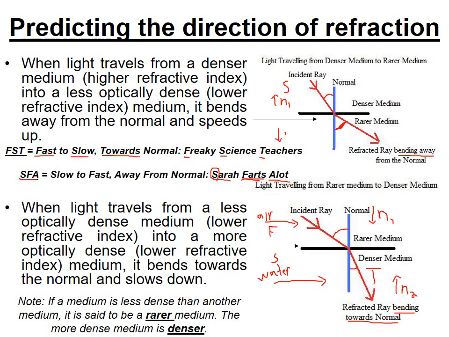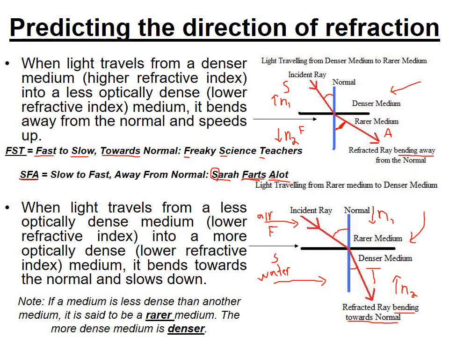So a lower N, so a low N2. So this is our fast medium. A lot. Moves away from the normal. So from fast to slow, towards normal, that's in this scenario here. From slow to fast, away from the normal.